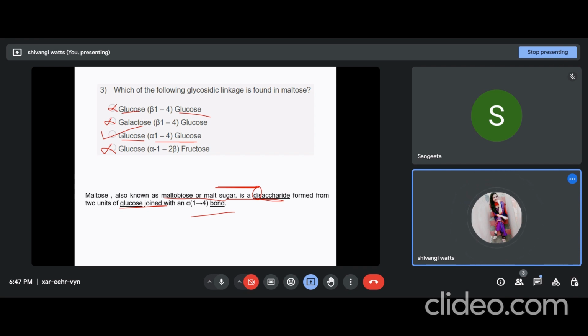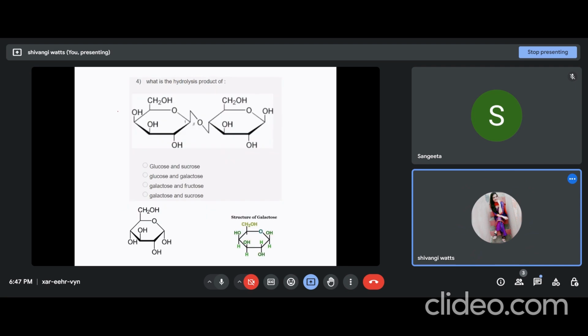Okay, so the next question is, what is the hydrolysis product of this one? This is, I think, lactose. So what is the hydrolysis product of this one?